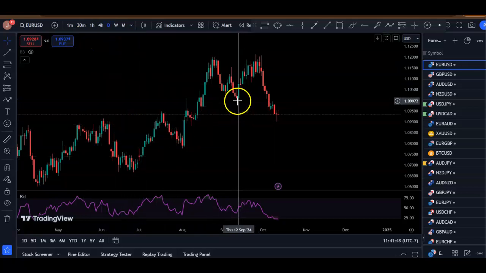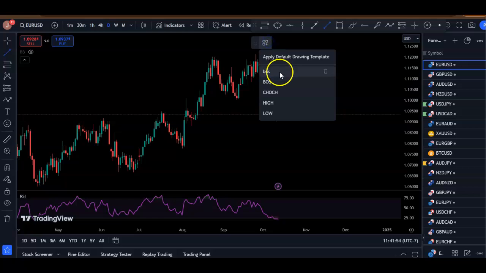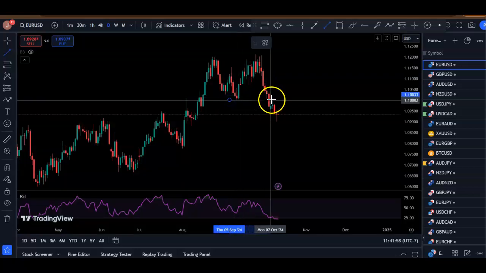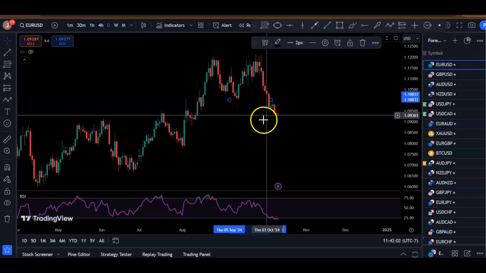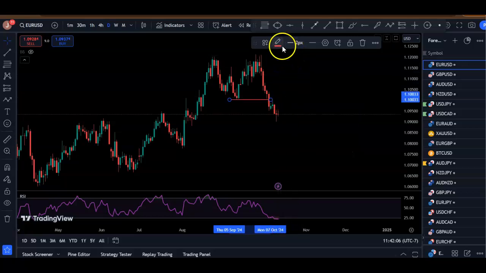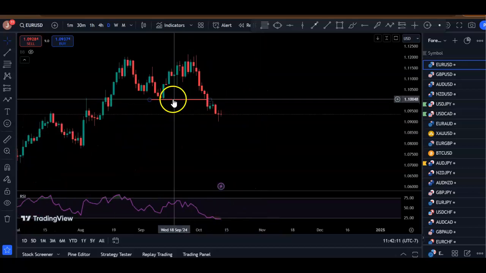So once we have our breakable structure, we can easily mark it right here. Put it right there. Let me change the color of that because you can't see it. Pretty much, we know the market broke to the bottom right here.